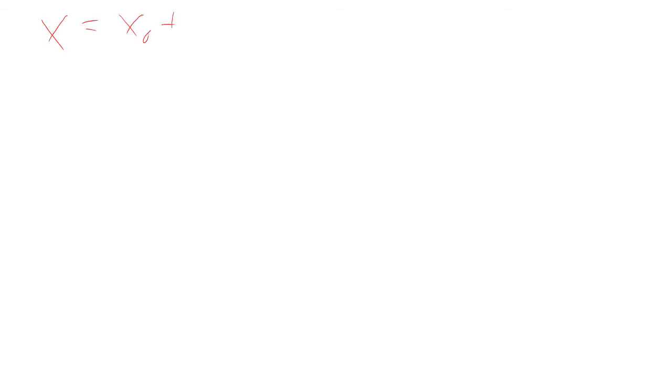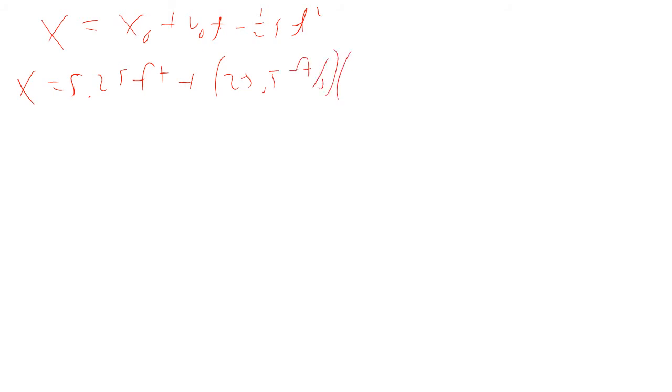So x naught plus v naught t minus 1/2 g t squared. So that's going to be 5.25 feet plus 25.5 feet per second times 0.792 seconds, minus 1/2.